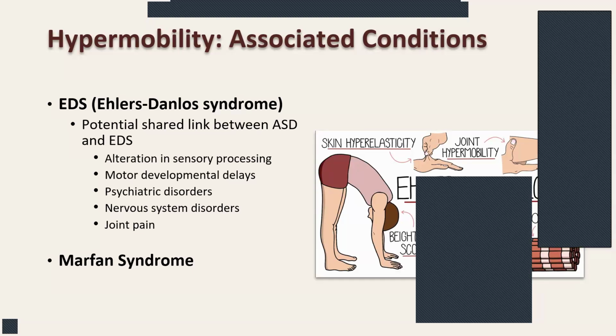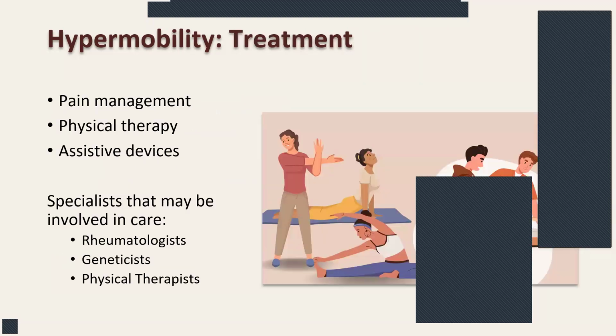The characteristics shared at an early stage are speech delay and lack of social interaction, and that can sometimes lead to a misdiagnosis. And Marfan syndrome would be diagnosed with genetic testing. So that's one of the reasons why we do genetic testing when EDs are born. Or if there's a concern, you can refer to a geneticist for testing.